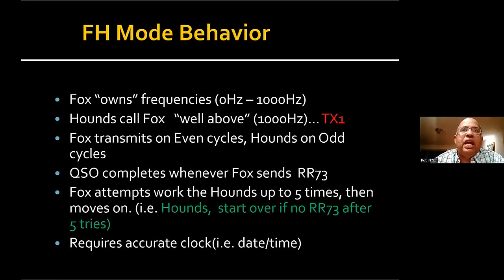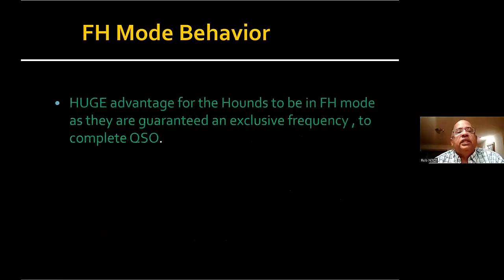So instead of staying above 1,000, let's say in the case of WB7TDU, they were at 1,509 hertz. They could potentially be stomped on by another hound when trying to complete the QSO. So the long and short of it is that there's a huge advantage for the hounds to be in fox-hound mode, as they're guaranteed an exclusive frequency by the fox to complete the QSO.